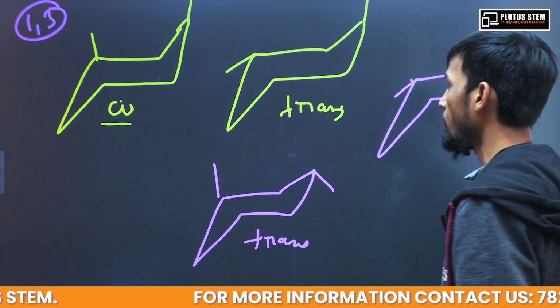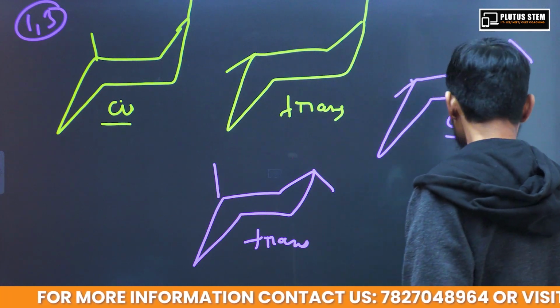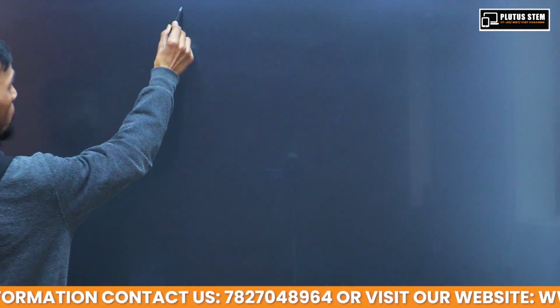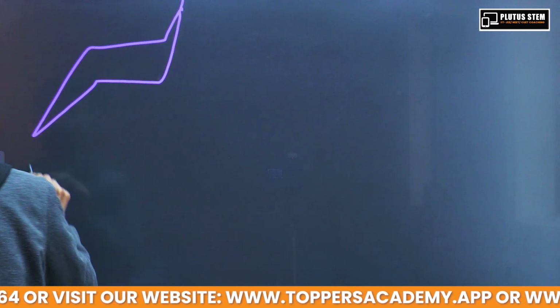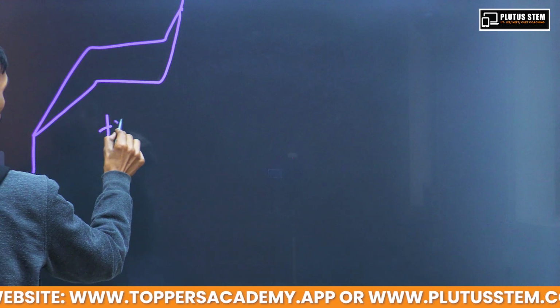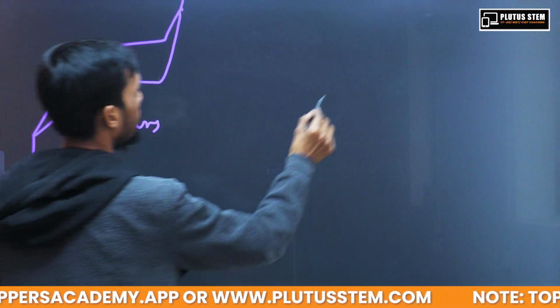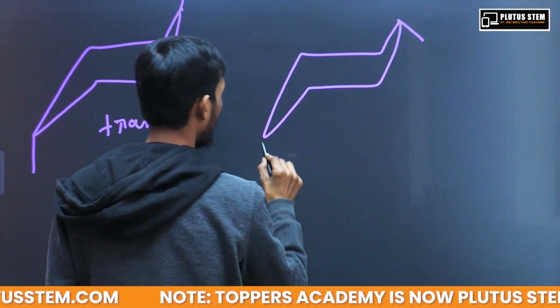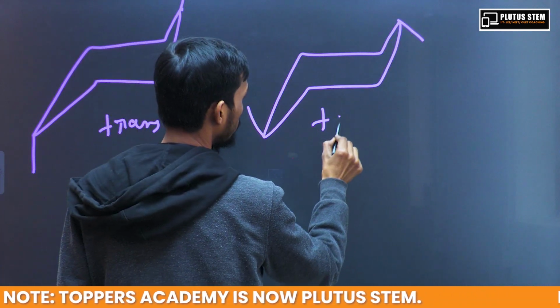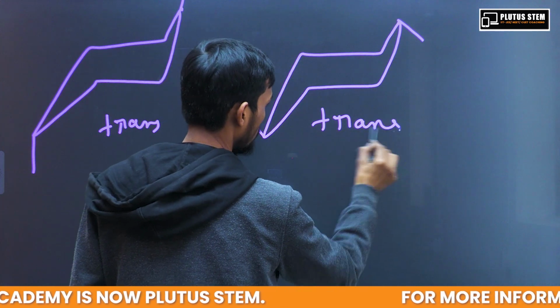So now we will see 1, 4 position. For 1, 4 position, again 4 possibilities will be there. Upside and downside, this will be termed as trans. Downside and upside, this is also termed as trans.